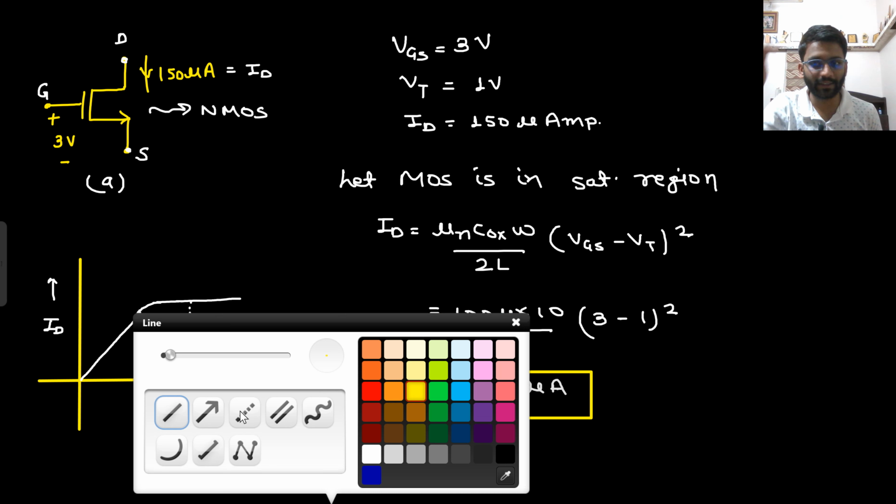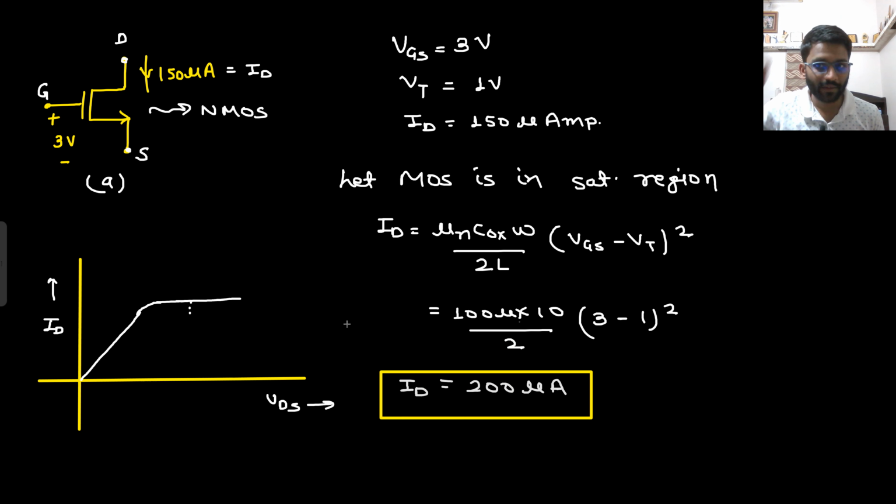That means this is the maximum current that it can take, which is 200 microampere. VGS is fixed, that is 3 volt. So for a particular VGS value, this is the maximum current it can take. But now it is taking 150 microampere. That means VDS should have been somewhere here, right?